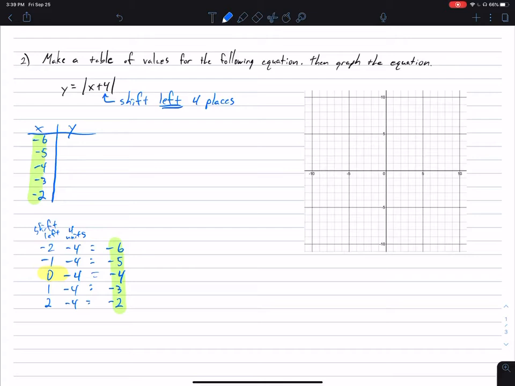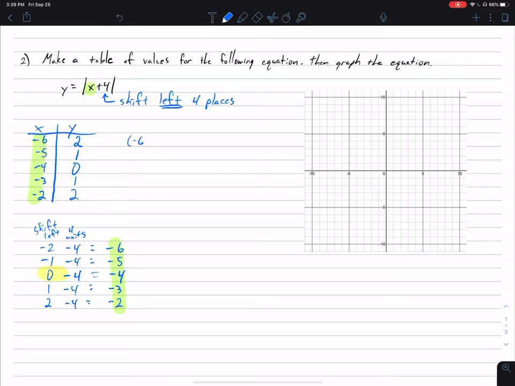So if I plug in -6 as my x, negative 6 plus 4 is negative 2, and the absolute value would be 2. Negative 5 plus 4 would be negative 1, so absolute value is 1. Negative 4 plus 4 gives 0. Negative 3 plus 4 is 1, absolute value is 1, and negative 2 plus 4 is 2, absolute value 2.